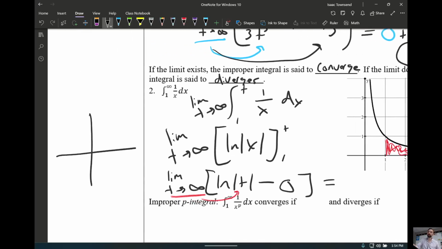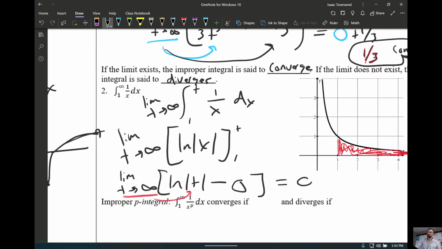It helps if you remember what a natural log graph looks like. It looks like this. So the further you go to the right, it goes up slowly, but it does keep going up forever. So this is kind of like infinity minus 0. And since this is going to a number we cannot count to, infinity doesn't really exist, we would say that this guy diverges.